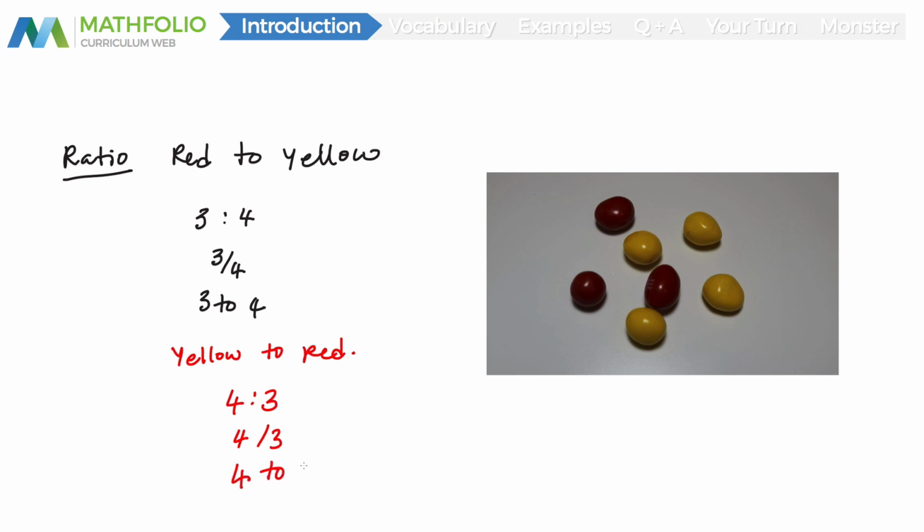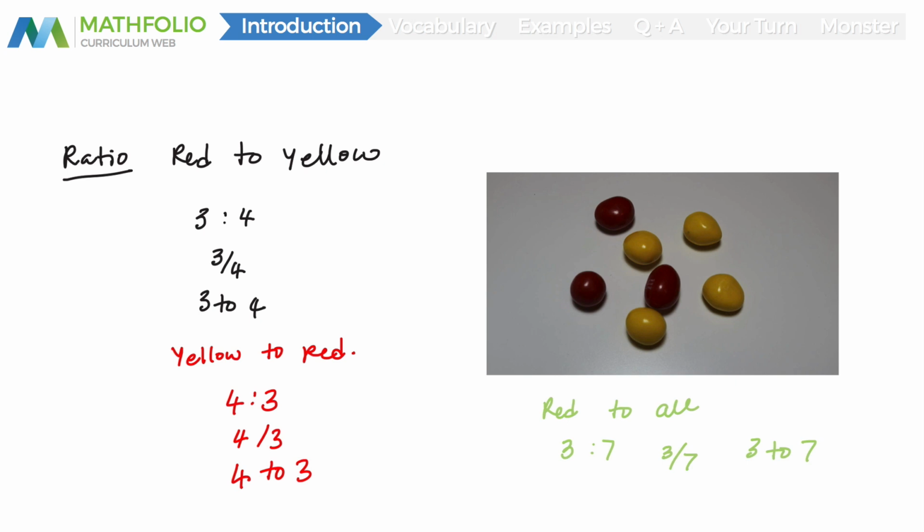And another thing that you may be asked for is, what is the ratio of red to all, or red to whole? Now in this case, the red is 3. There are 3 reds. And to all, well, if you count them all up, there's 7 total. So that would be 3 to 7, or 3/7. So that deals with ratios.